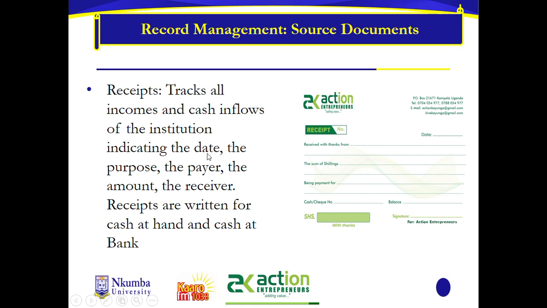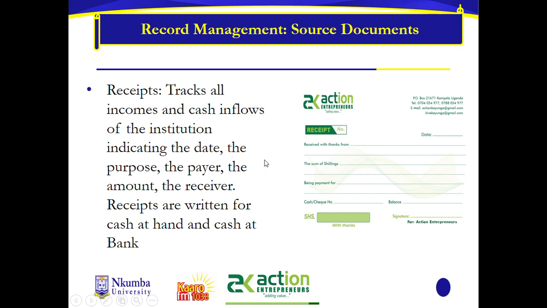You will see receipts, you're always using these receipts. So the first thing on the receipt there is a date. This date is very key. If one wrote a receipt without a date, that one is not an accountant, a finance manager. Usually it is the first thing. It's not put anywhere at the bottom.